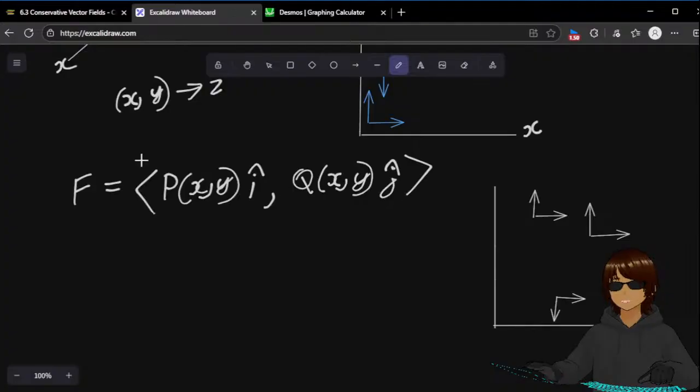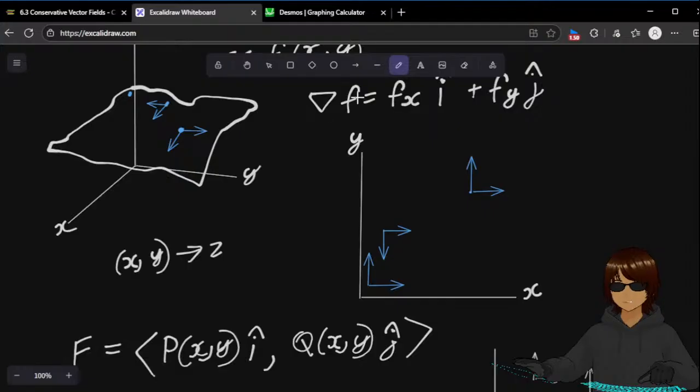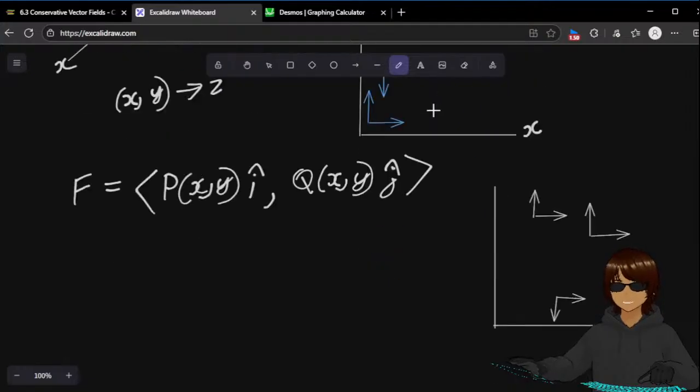So this gradient of a function is also a vector field. A vector field is called conservative if there's a function that it can be represented as the gradient of. If there is some function g such that the gradient of g of x, y equals capital G, then G is a conservative vector field.